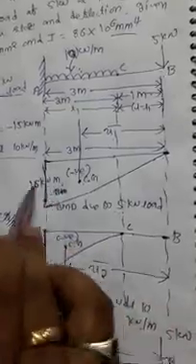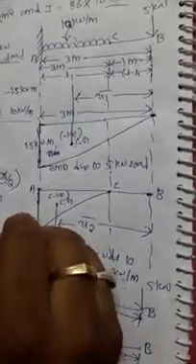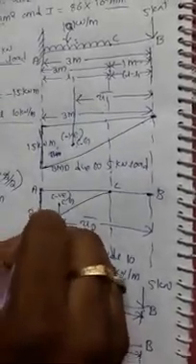So 1 by 2 into base into height: for this diagram the base is 15 and the height is 3, plus 1 by 3 into base into height. Here the base is 20 kilonewton into meter, the moment at A equal to 20 kilonewton into meter.